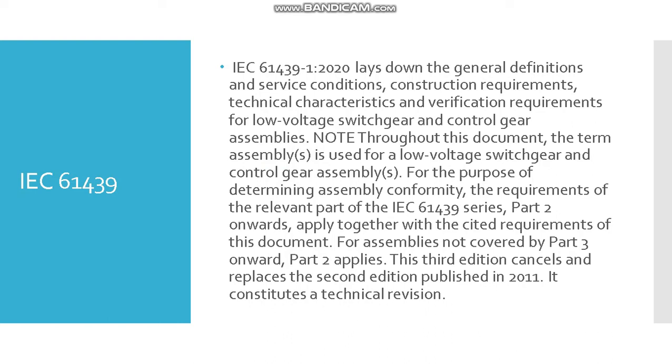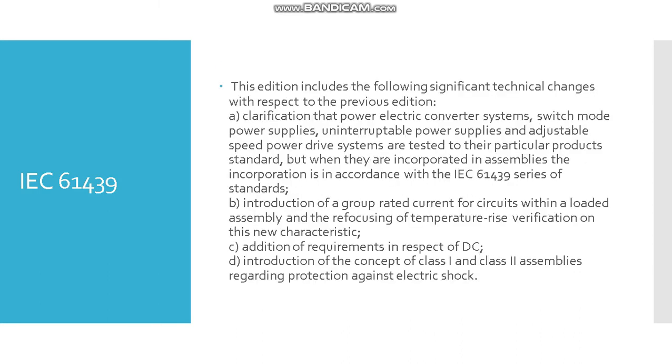For assemblies not covered by Part 3 onward, Part 2 applies. This third edition cancels and replaces the second edition published in 2011. It constitutes a technical revision. This edition includes the following significant technical changes with respect to the previous edition.